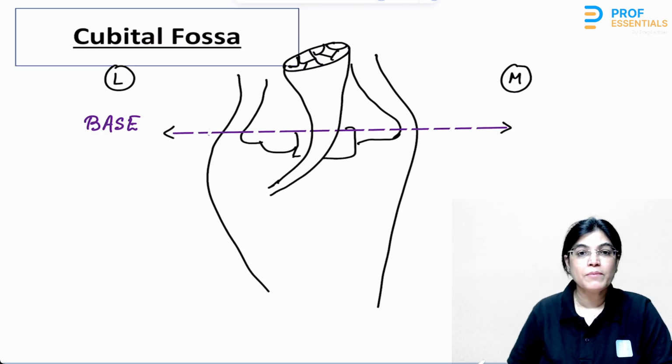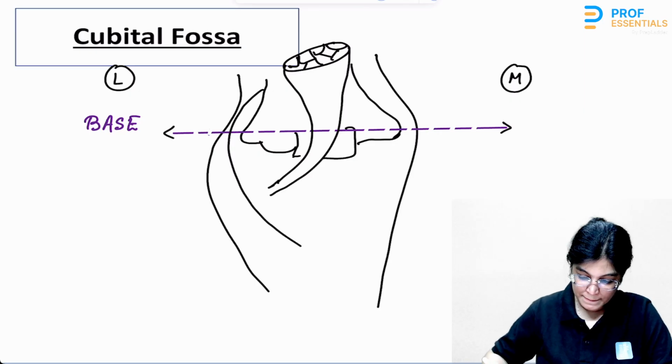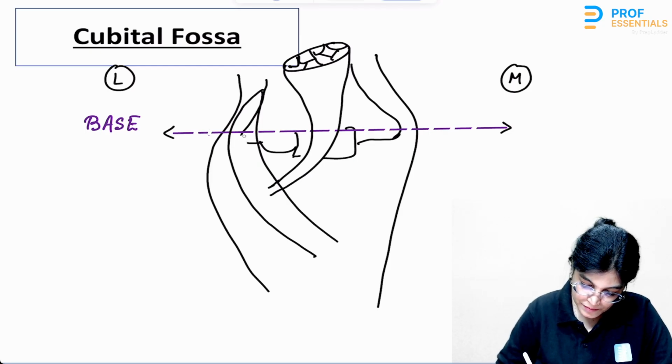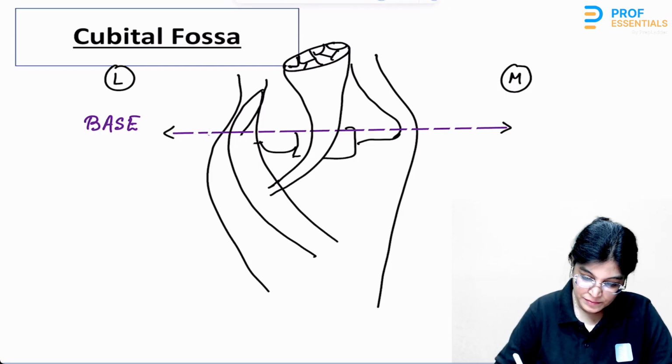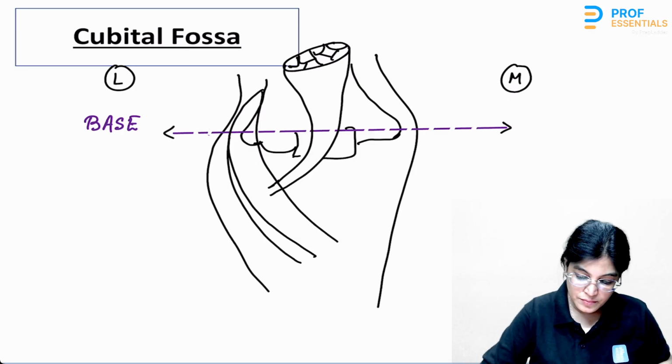Okay, this will be the biceps tendon, and we can make the outline also. This was okay. So basically for the muscles and all, we can use the brown color.